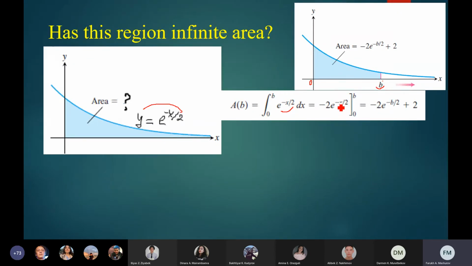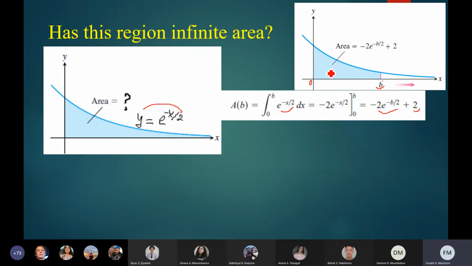So e to the power 0 will be 1, and here we have 2. Since we have minus 2 and by the formula minus, it will be plus, so we have plus 2. And we just put b instead of x.